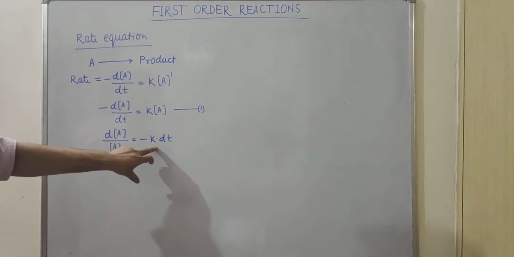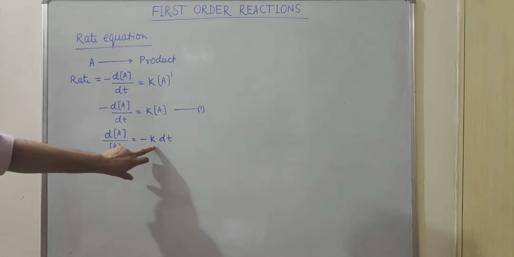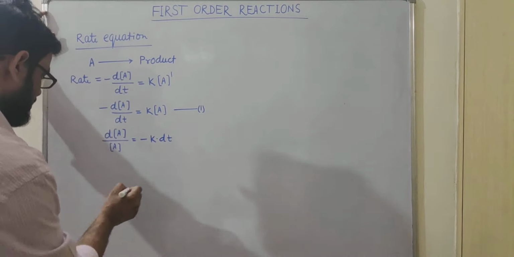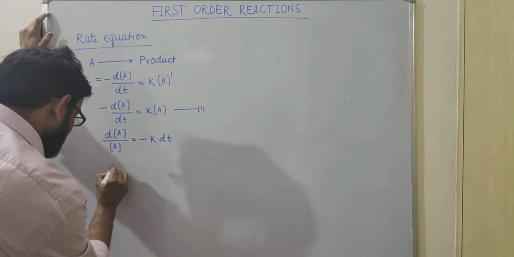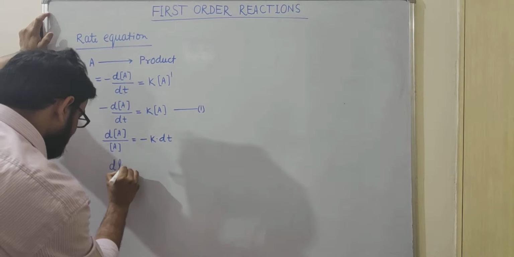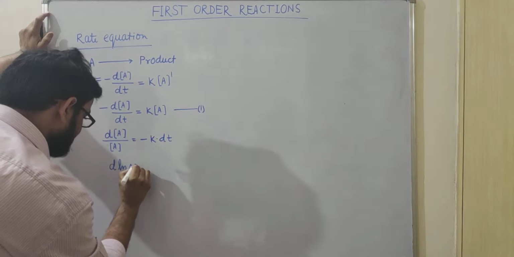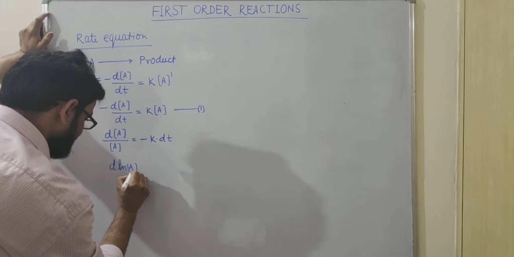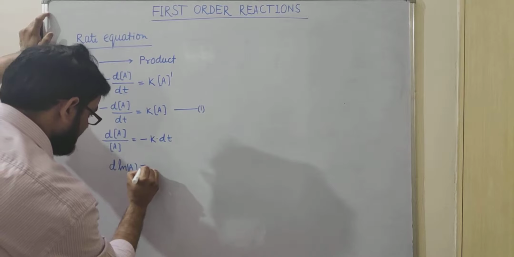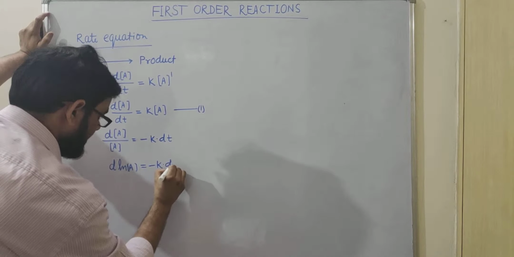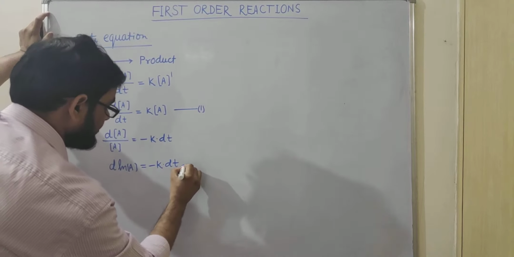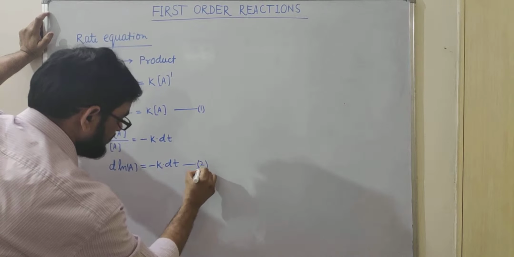Where k is rate constant or sometimes called a specific rate. dA upon A can be written d ln A. That will be equal to minus k into dt. This is equation number 2.